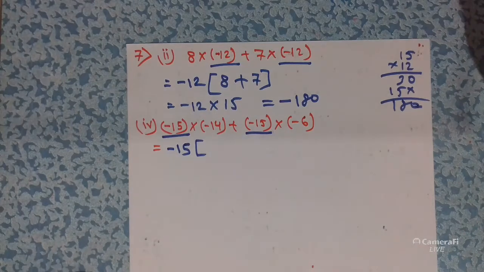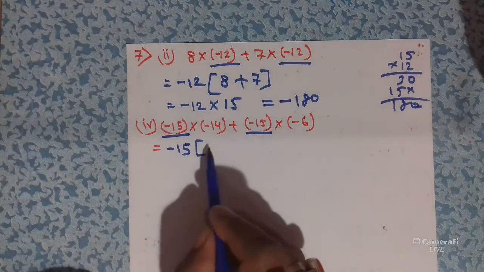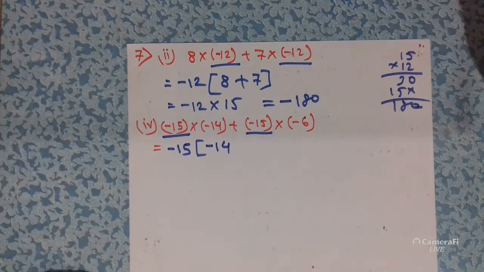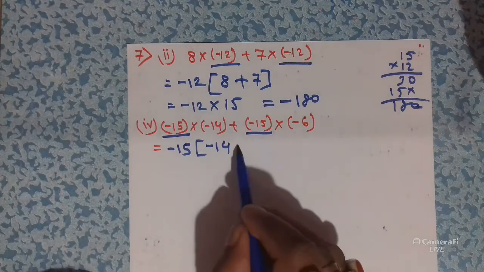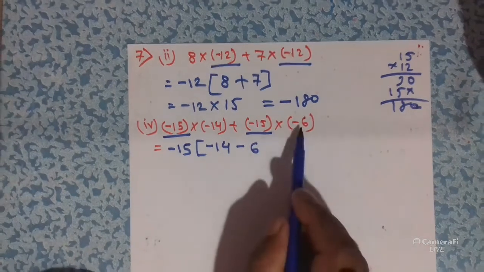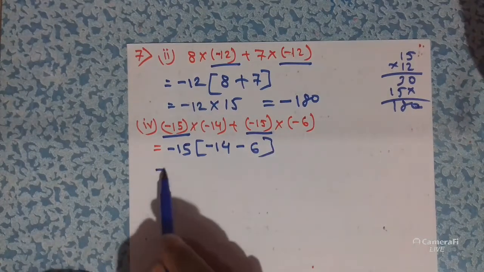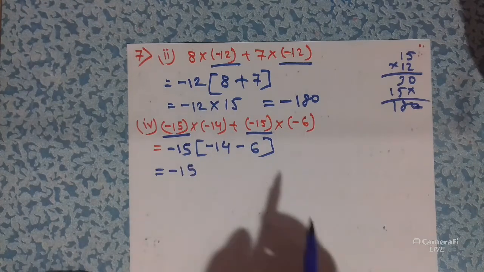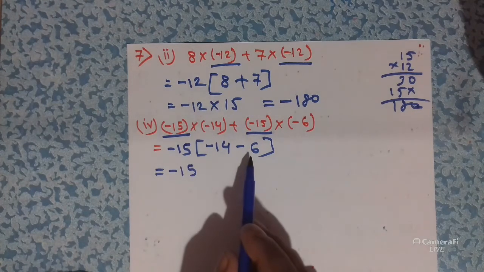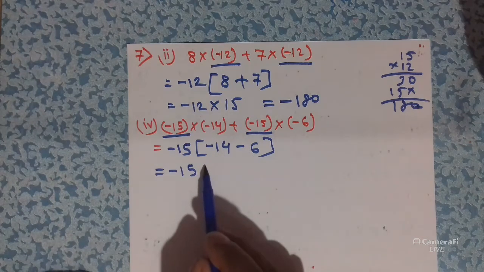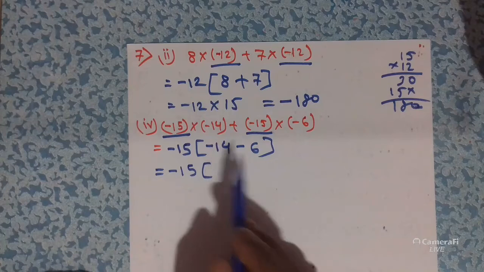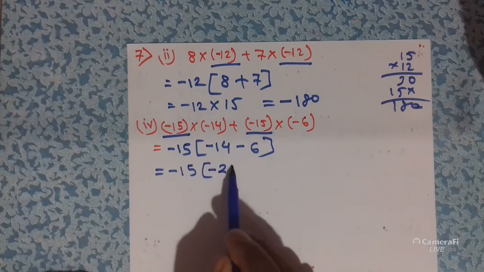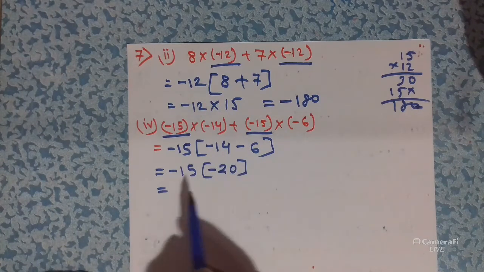So after taking minus 15 as common, in the first term minus 14 will left, and in the second term minus 6 will left, because plus multiply minus is minus. Okay students, now you can see that minus 14 and minus 6 both the numbers are negative, so it will be added. So that means here we have to write minus 14 and minus 6 is minus 20.